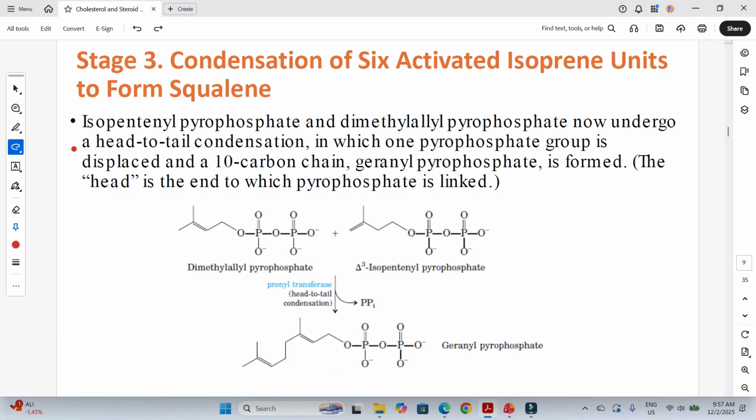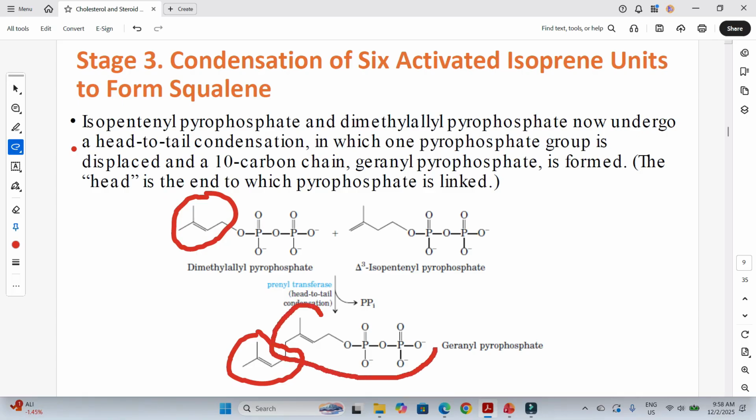So what I'm trying to say is that this part actually came from this part of dimethylallyl pyrophosphate, while this part is actually the isopentenyl pyrophosphate.